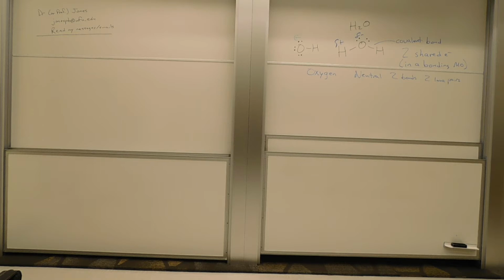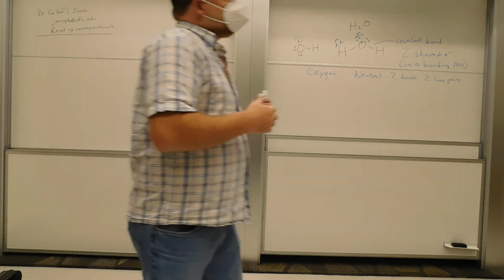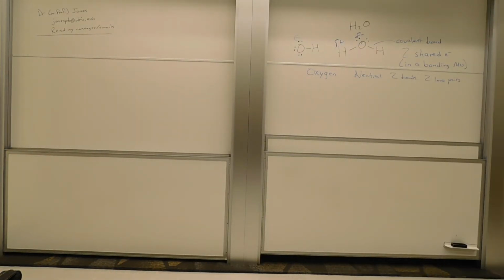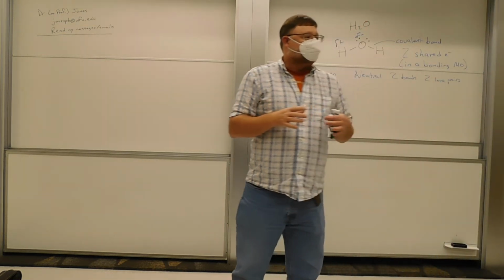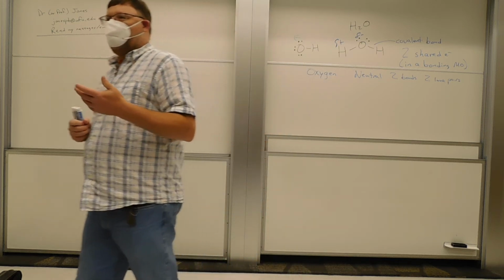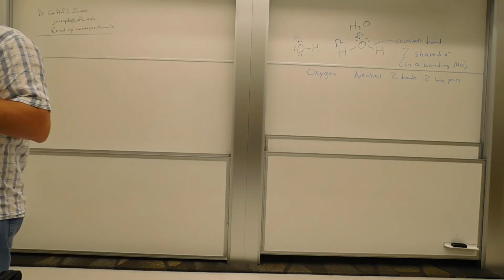Okay, the other thing that happens then in organic, and if you think I've gone off the rails so far, I could go way further off the rails. We basically focus on the second row and above. So carbon, nitrogen, oxygen, the halides, and hydrogen. Like that's as much of the periodic table as you guys need to know for this class. You need to understand how the periodic table works, be able to read it.